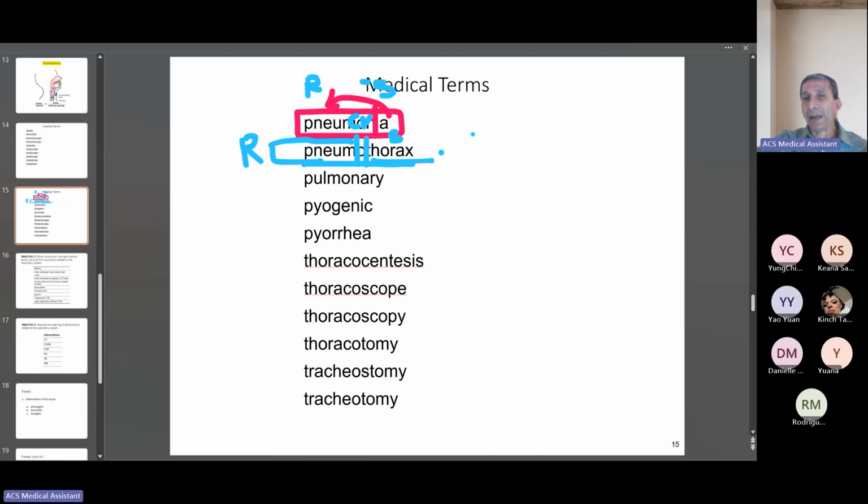Pneumo means air, means lungs. So in this case, it means air in the lungs. But this is not normal because the air is not where it's supposed to be. The air is on the outside.